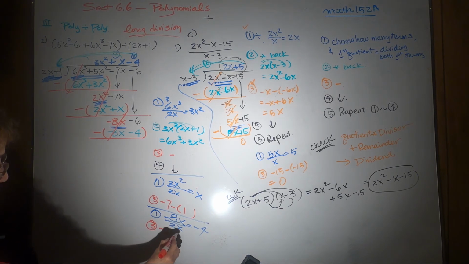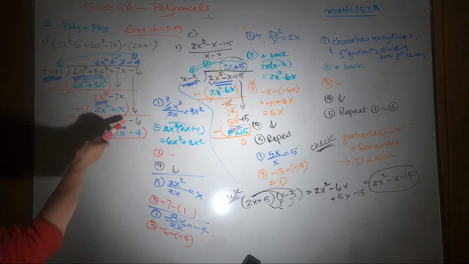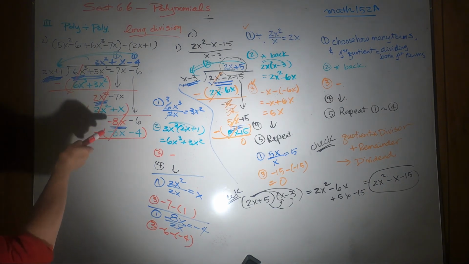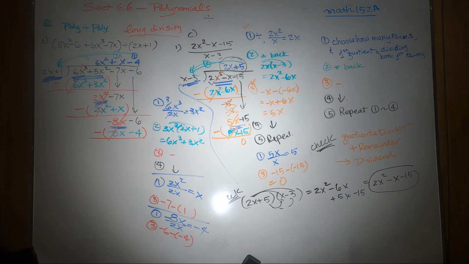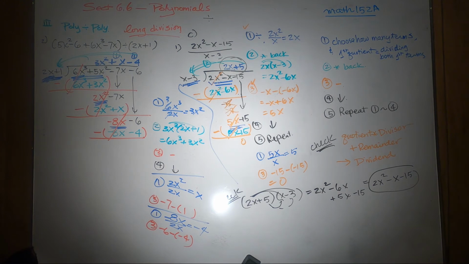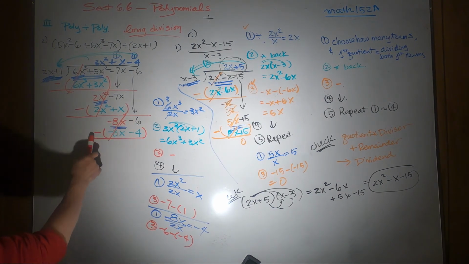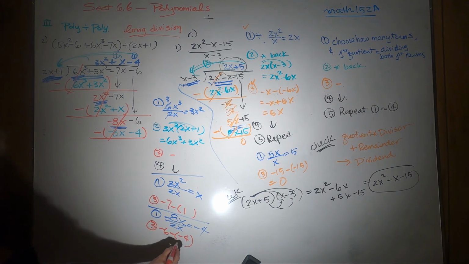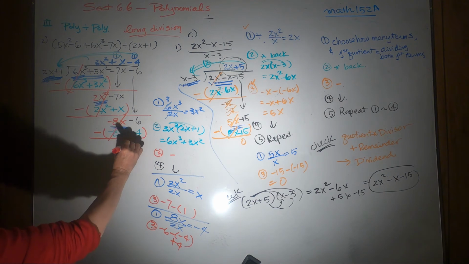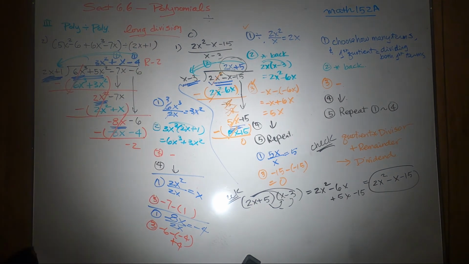Sometimes you don't see it clearly in a vertical style, then you might have to change it to horizontal style to see it. So you can see it here, negative, negative, negative become what? Positive 4. Negative 6 plus 4 is what? Negative 2. Remainder is negative 2.